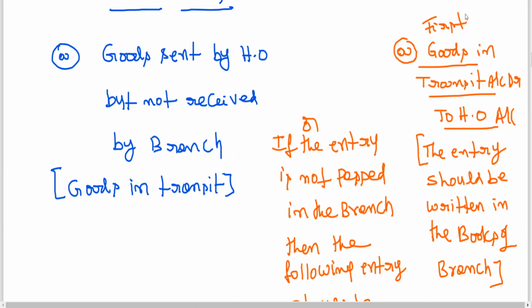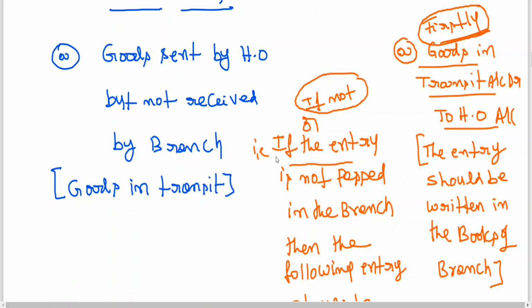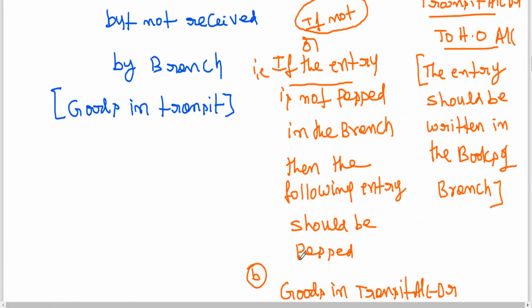Firstly, you should write this, not second. Write the entry here: goods in transit account at head office. The entry should be written in the books of branch. If the entry is not passed in the branch, then the following entry should be passed.